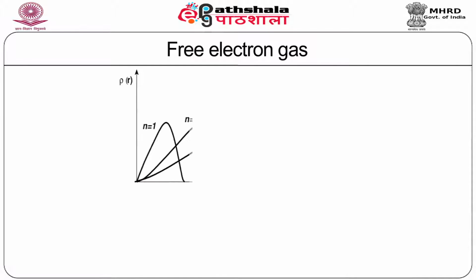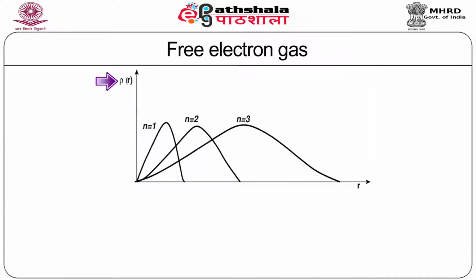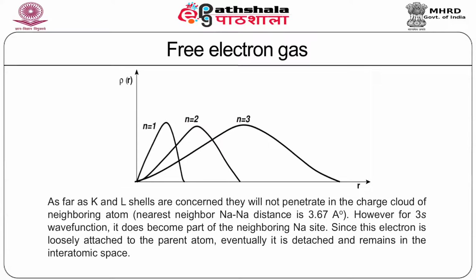So what it shows here is the spatial variation of rho(r) for different values of the principal quantum number n equal to 1, 2, and 3. And this is just a schematic diagram. As far as the K and L shells are concerned, which is n equal to 1 and 2, as you can see, I have one sodium atom and another sodium atom. These wave functions, or the charge densities, don't penetrate into the charge cloud of the neighboring atom.